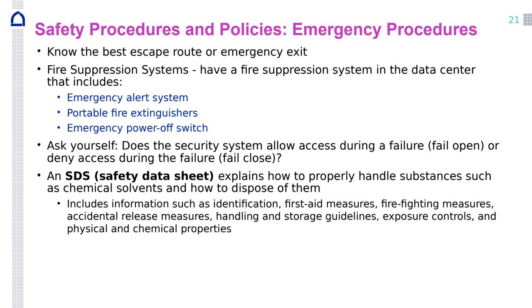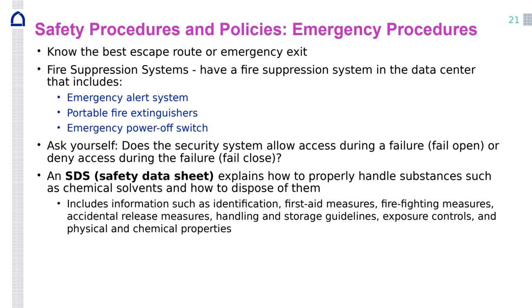There is a fire suppression system. You should have it also in your data center. It should have emergency alert, portable fire extinguishers, emergency power off switch. You need to know, does the security system allow access during a failure?